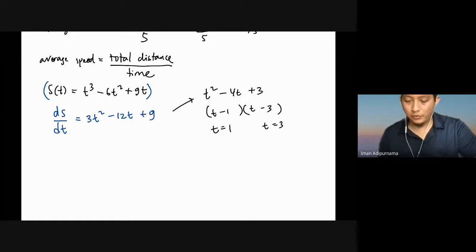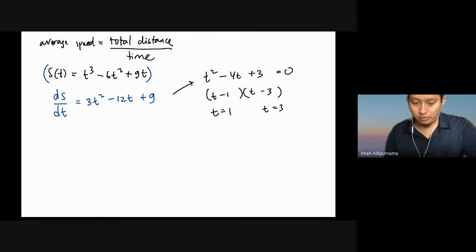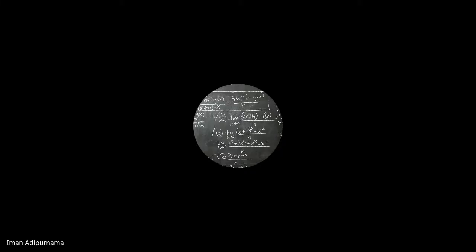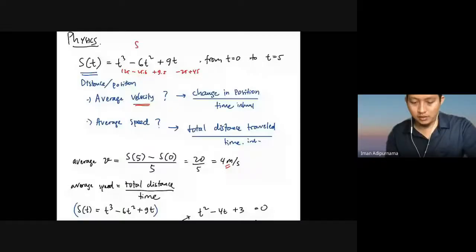If we want to set it equal to 0, what does 0 mean here? If we draw the line, this is t equals 0 here, and t equals 5 is here, with s in meters.